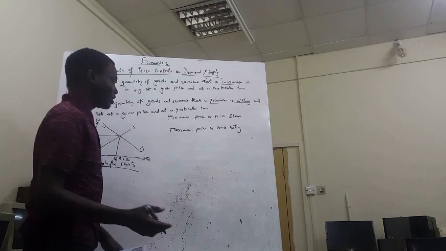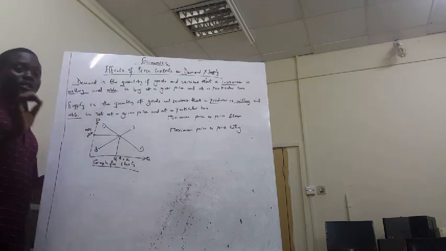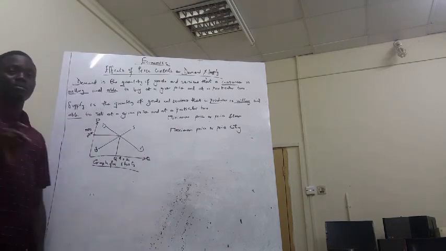What does minimum price mean? Minimum price is a price that is legally set by the government of a country.